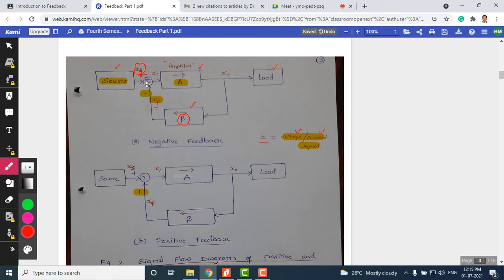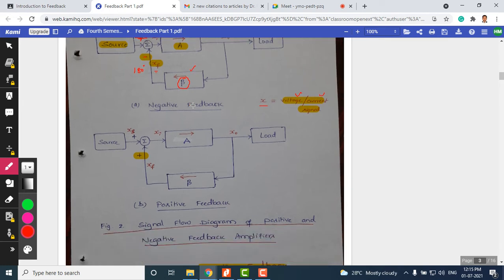So with reference to the source signal and the feedback signal, there is a sign change here. Minus indicates there is a 180 degree phase shift. That is why this feedback is negative feedback here. Okay. Every time a signal comes here, an analog signal, a portion of that is taken through the feedback network and given back to the input. But if you observe the phase difference from here to here, there is a 180 degree phase difference. So that is why this type of feedback is negative feedback here.